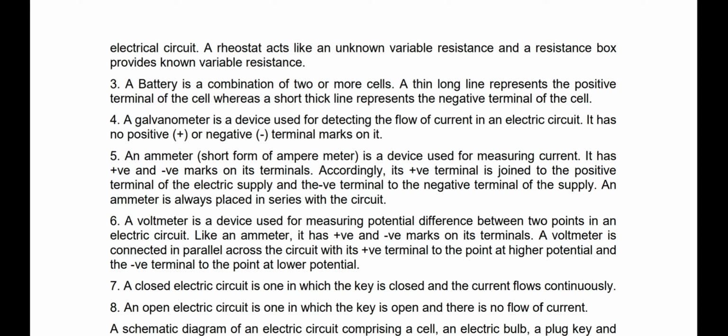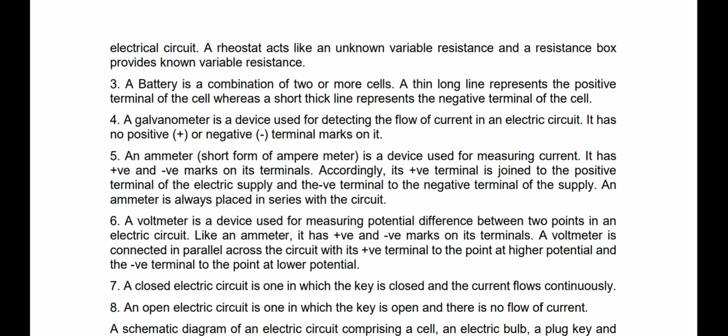The bigger line in the symbol of a cell represents the positive potential, and the smaller one is considered the negative potential. This is because by tradition we consider the positive charge as the highest potential. We consider the positive charge as the higher potential.